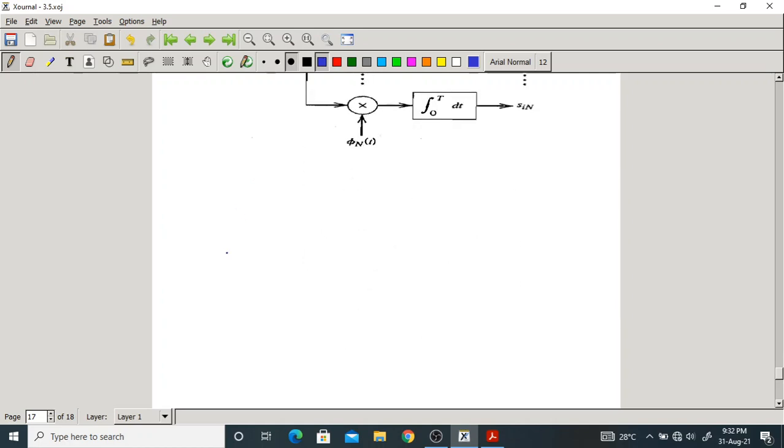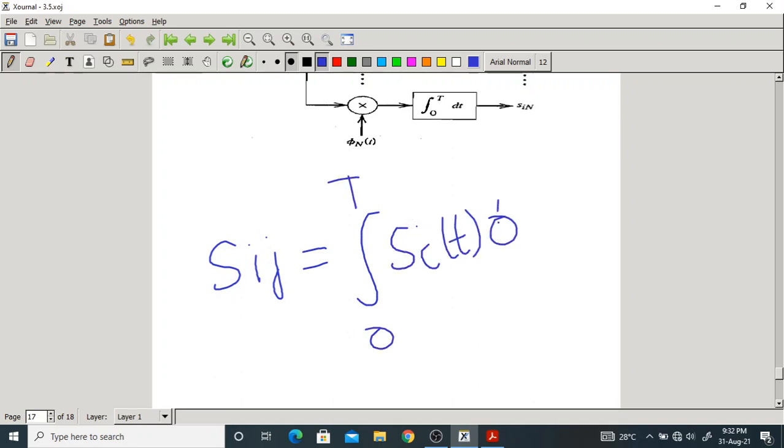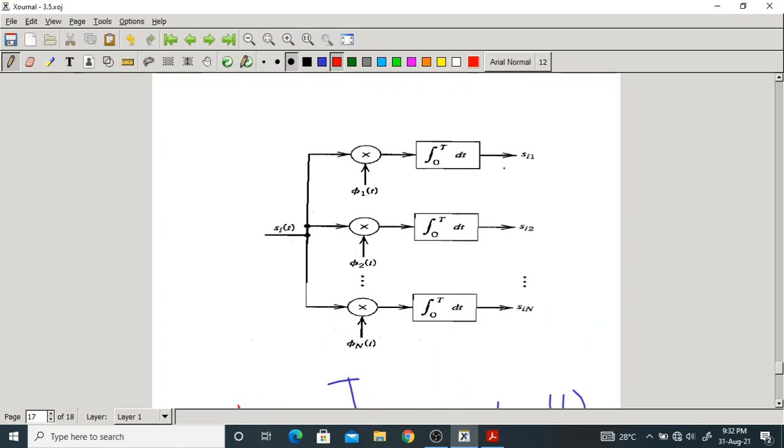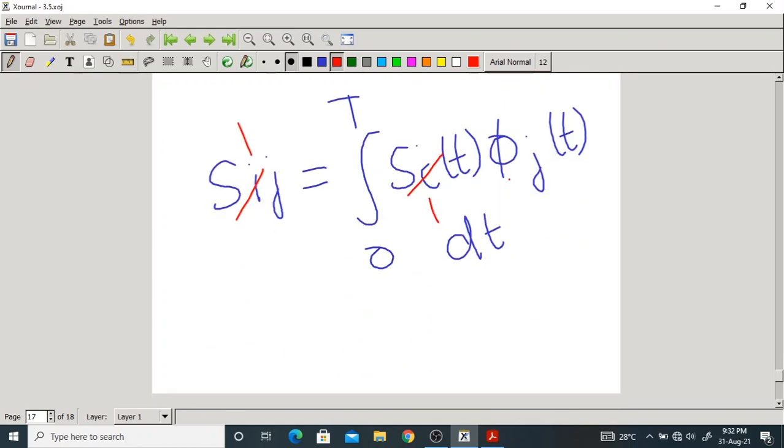Let me take Sij, which is the integral from 0 to T of Si of t phi j of t dt.